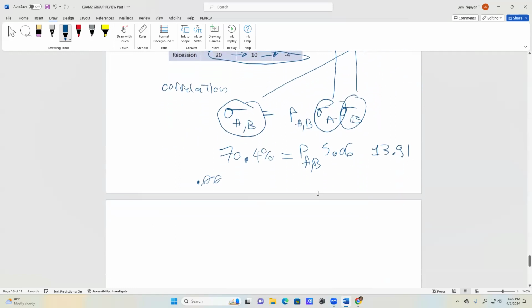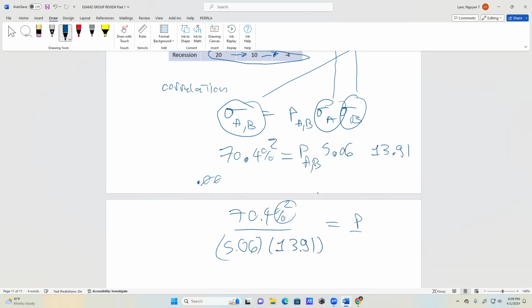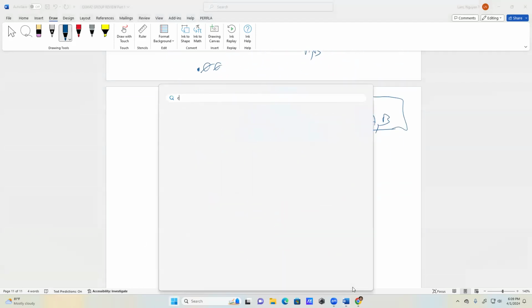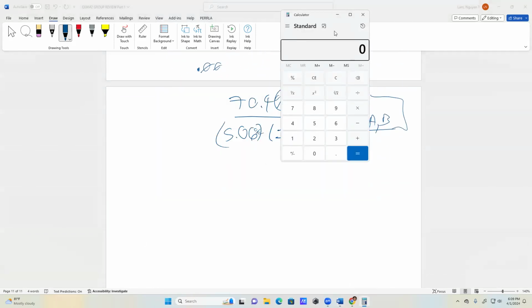Okay, so in this case, let's take this 70.4% square. Remember, it's percent square, right? And then divide by 5.06, and then also divide by 13.91%. I'm not sure if this gives the right answer if you keep it as percentage and percentage square. I'm going to see now if it adds up.